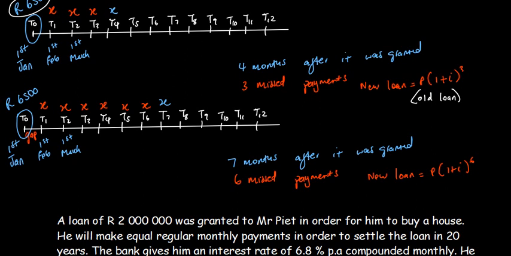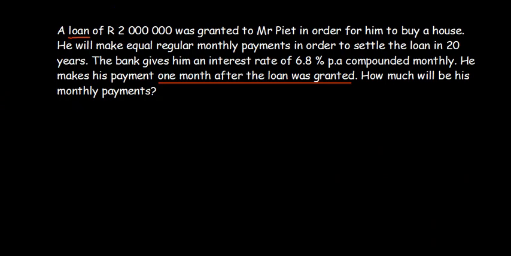But let's start here. So he makes his payment 1 month after the loan was granted. Again, how much will be the monthly payments? Obviously, good people, because we are talking about a loan, you already know that I'll be using my present value formula. So you then say x into 1 minus (1 plus i) to the power of minus n, divided by i.